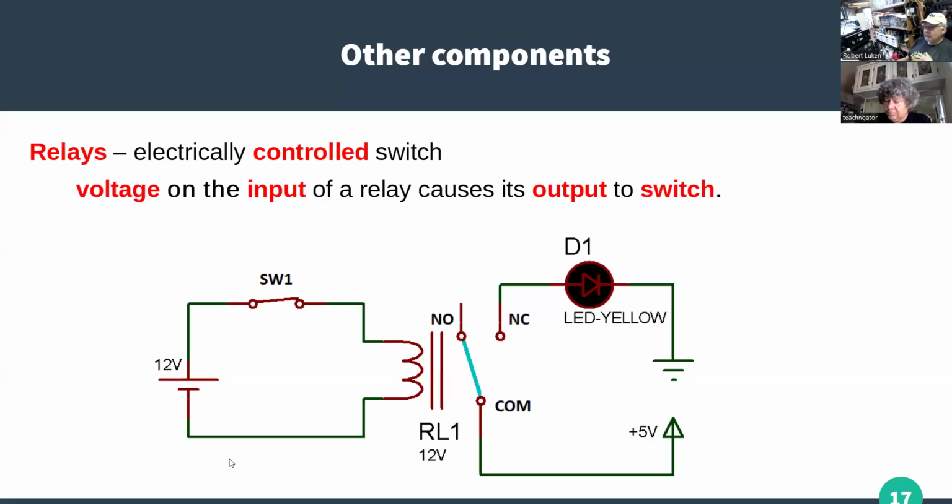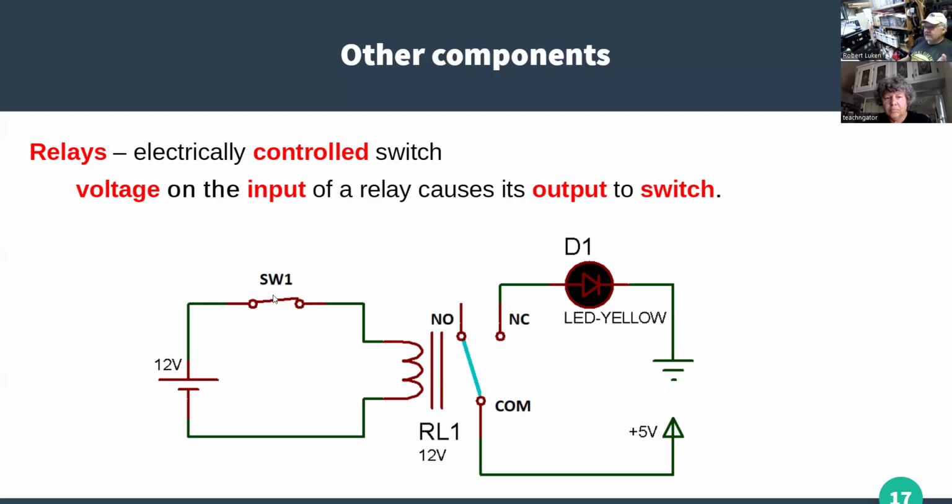In the case of the relay, we have what we call a solenoid, where you have some windings around some form of iron, and that creates a magnetic field which moves this lever between the two poles. So it either opens or closes the circuit depending on how it's configured.